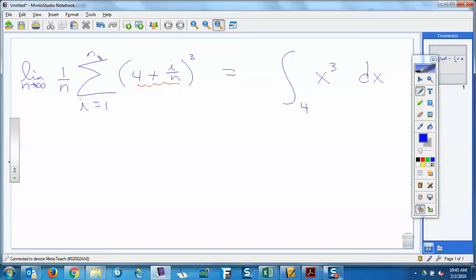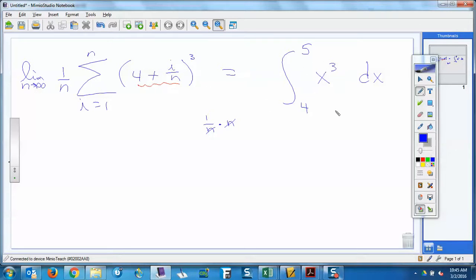Then plug in n as your last one, and you get 4 plus n over n, 4 plus 1 is 5. Or you could say the width is 1 over n, and you have n rectangles, so the total width has to be 1. So if you start at 4, you end at 5.